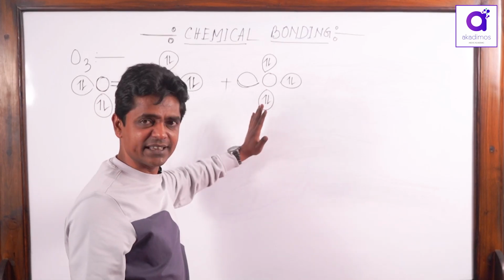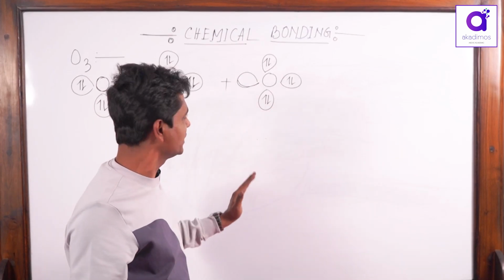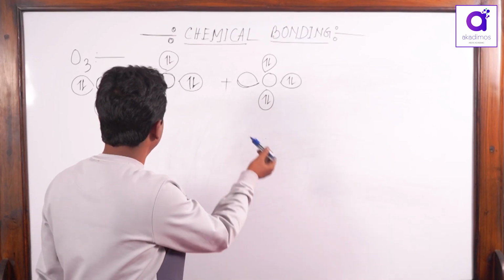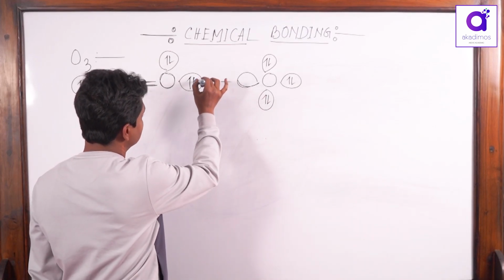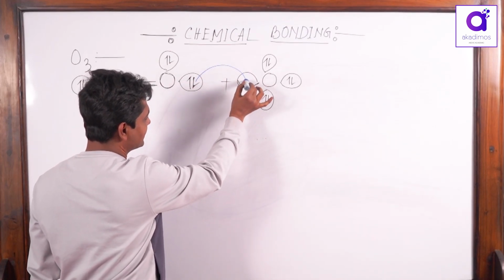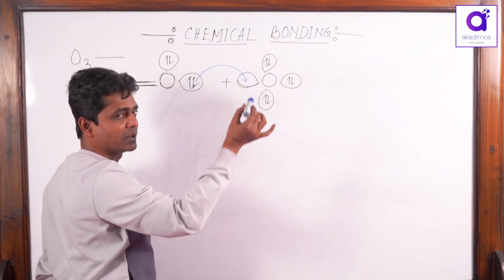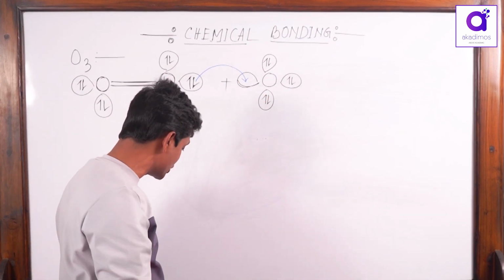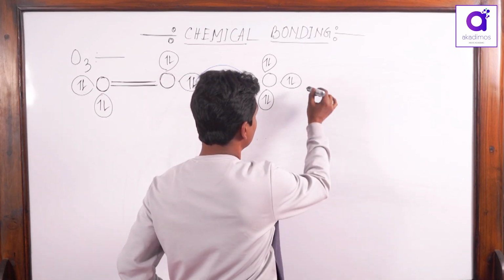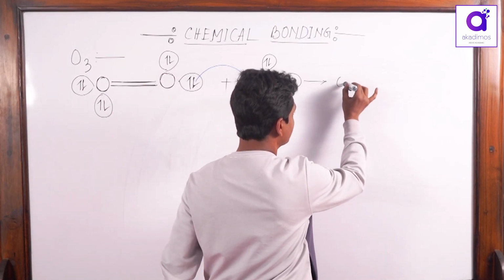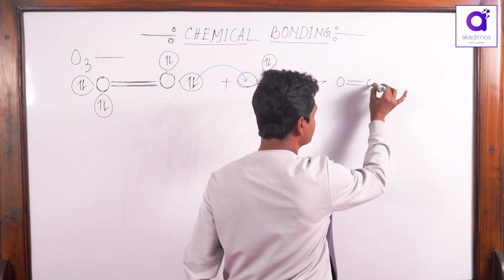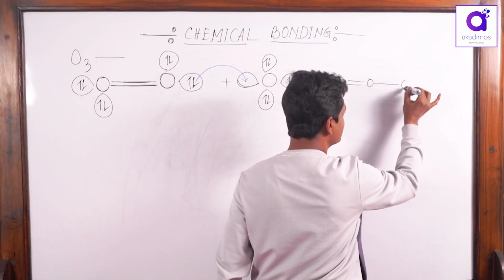That's why I have put the 6 electrons in 3 orbitals and vacated 1 orbital. Now this fully occupied orbital and this vacant orbital will form a bond, like the previous concept. Now make ozone: oxygen, double bond, oxygen, and one oxygen is the donor.